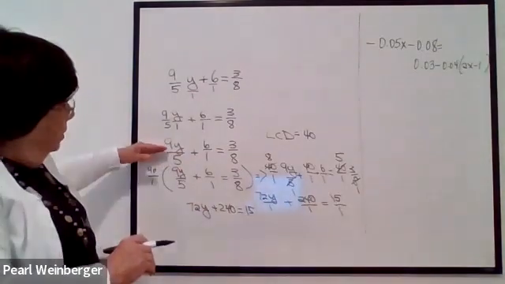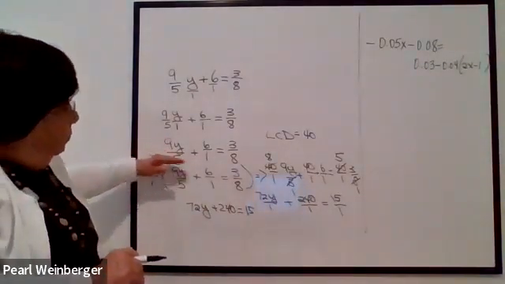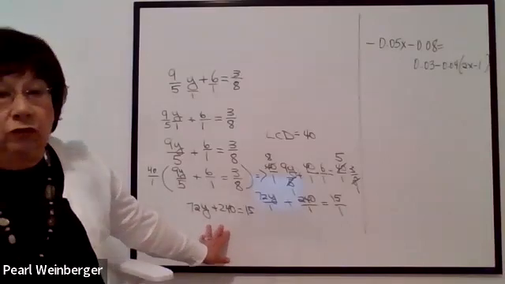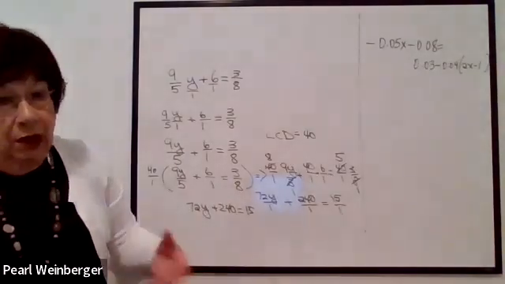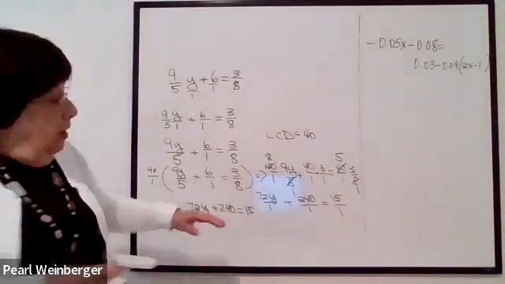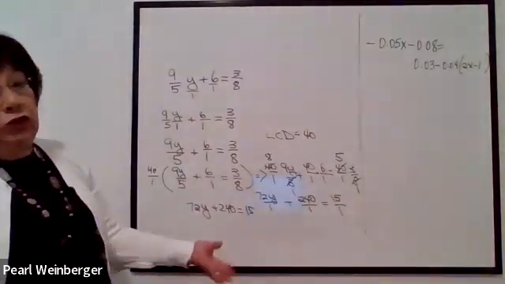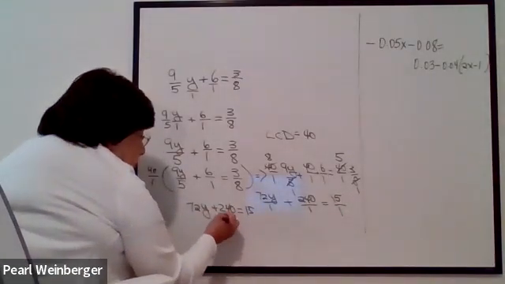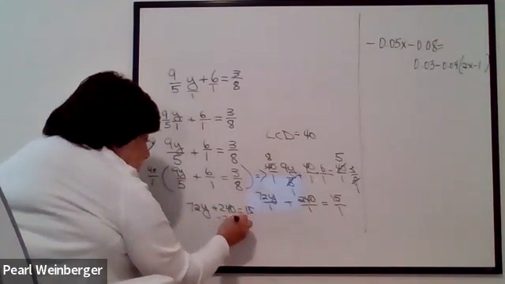And once you've done that first step of multiplying everything through by the common denominator, you're left with an equation or an inequality, whatever you started out with, without fractions. So it's just easy to finish this up. Subtract 240 from both sides.